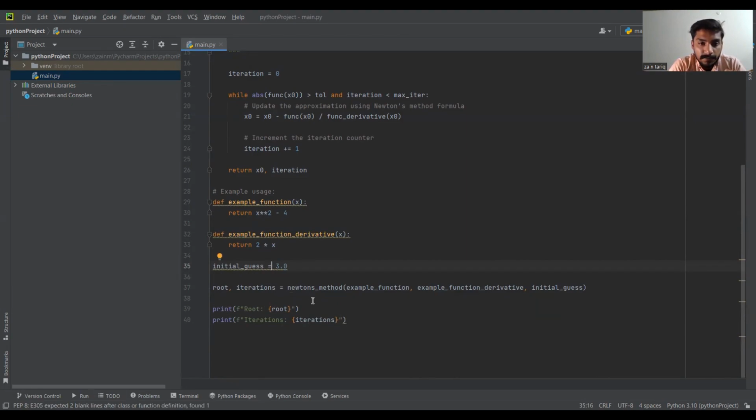In the end, I have used a simple print function to print out the root and the total number of iterations.